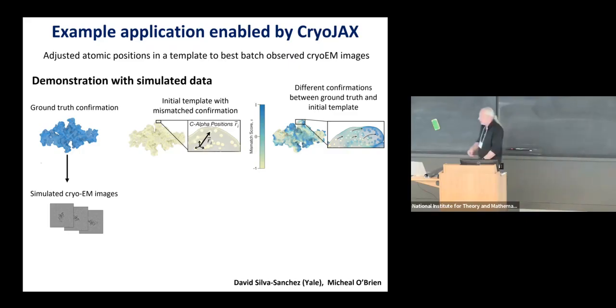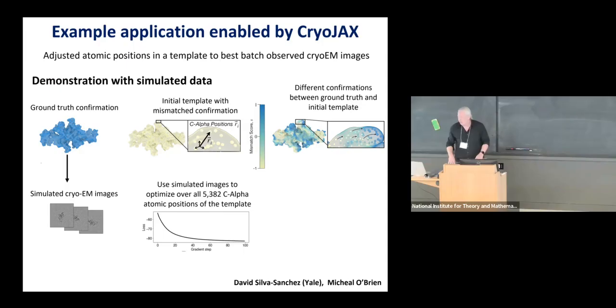What he did is basically optimize over, allowing each of these 5,382 different C alpha atomic positions to independently move around, and optimized their positions in order to most overlap, by comparing to the cryo-EM images, and then improving the position of the atoms.